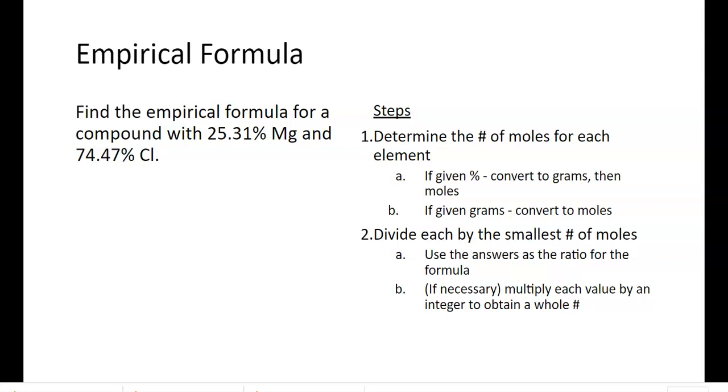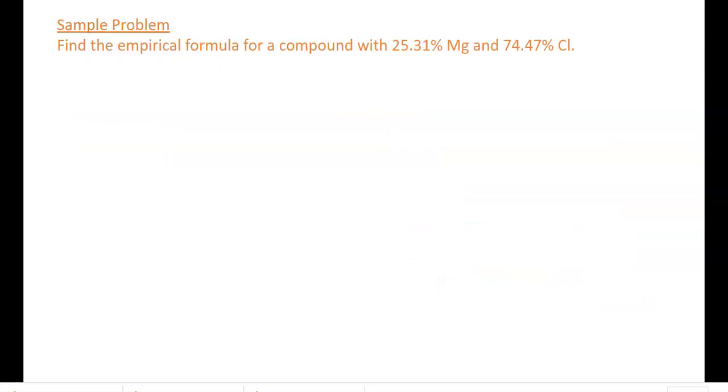If we don't have whole numbers, then we're going to have to multiply until we do get a whole number, because remember, our subscripts have to be whole. You can't have carbon 1.33 for a subscript. It has to be whole. So we are going to have to do some multiplying to get there, and we would have to multiply everybody, but we'll talk about that.